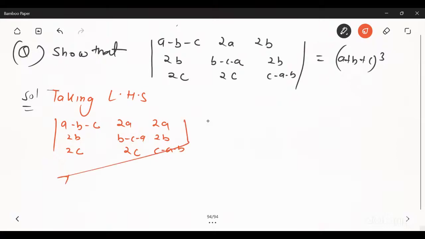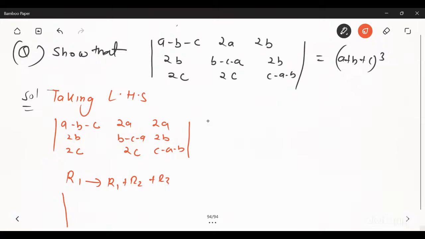Now I'm transforming R1 to R1 plus R2 plus R3. Now a minus b plus 2b will become plus b, and minus c plus 2c will become plus c. Similarly, in the second row you will get the same, a plus b plus c, and in the third row you will get the same a plus b plus c.